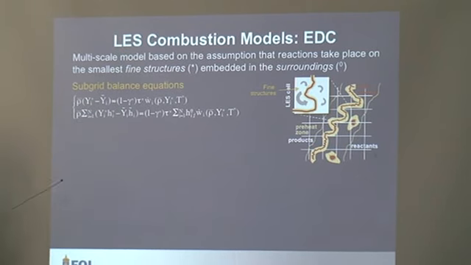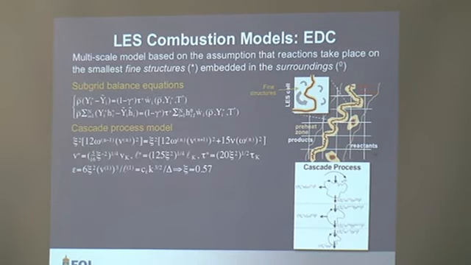And they contain two quantities, gamma star and tau star, that need to be prescribed from somewhere else. They need to be modeled somehow. This is a time scale associated with the small structures, and this is the volume fraction of these small structures. And yeah, let's continue that.